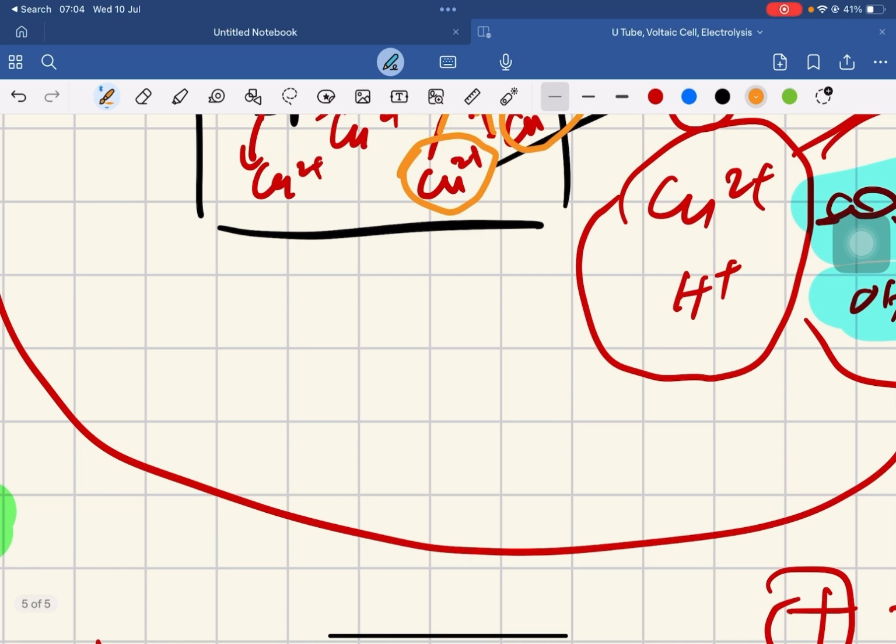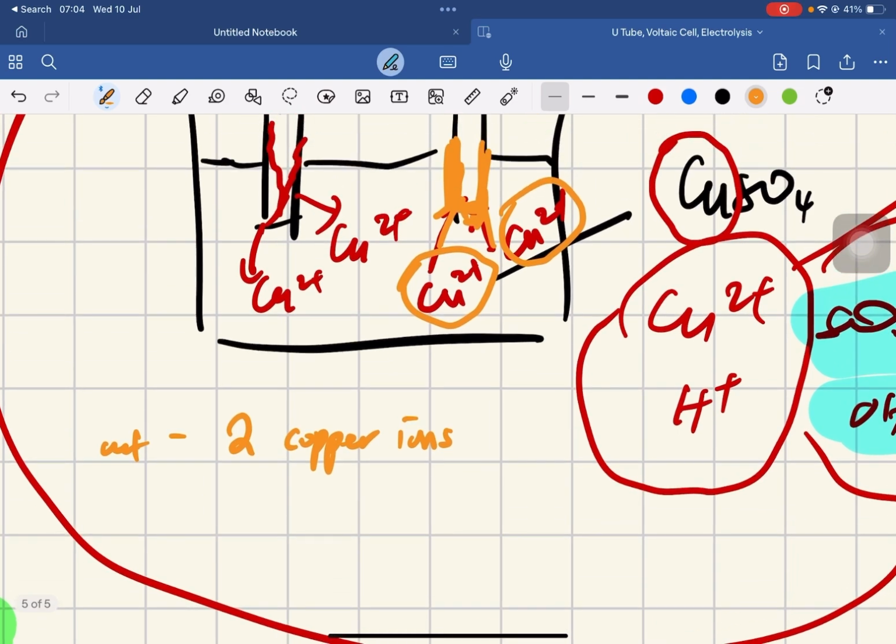Dia keluarkan dua, so ada dua copper ion yang out. Out meaning dia keluar daripada beaker, maksudnya dia dah di discharge tadi.